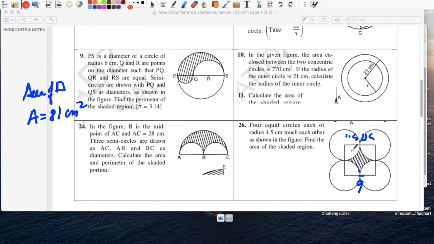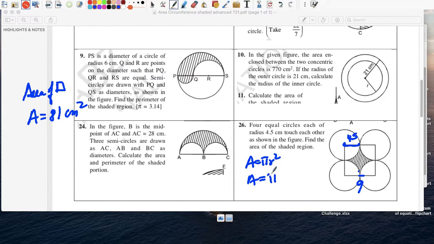Now notice that each of these 4 bites is 1/4 of a circle. And because we have 4 bites, that equals a complete circle. Correct? So let's figure out what the area of one big circle is. What did we say the radius was? 4.5. So A equals pi r squared.